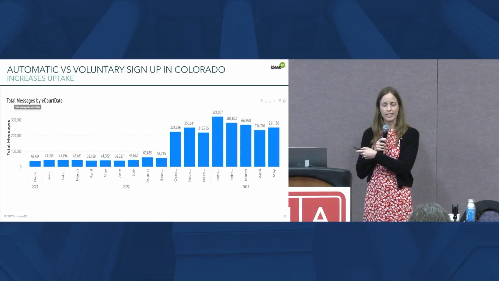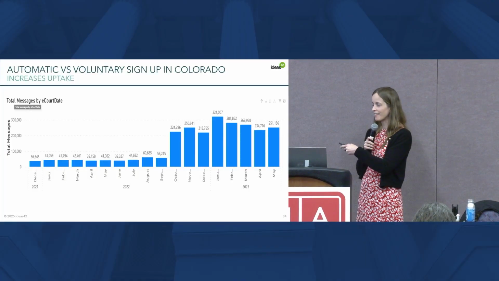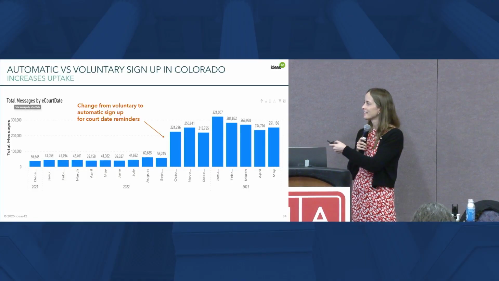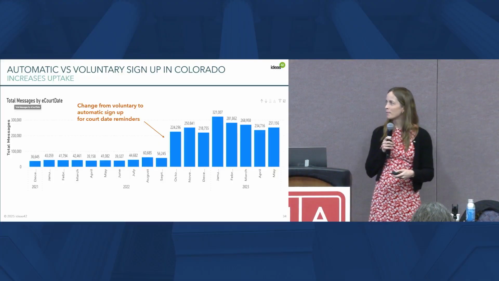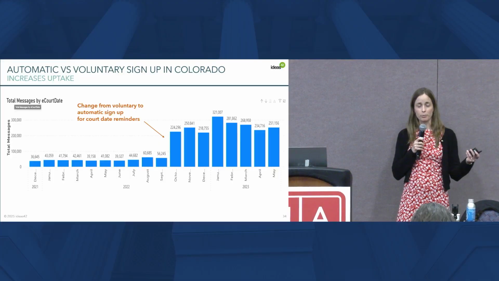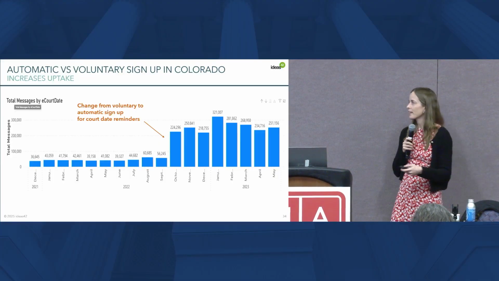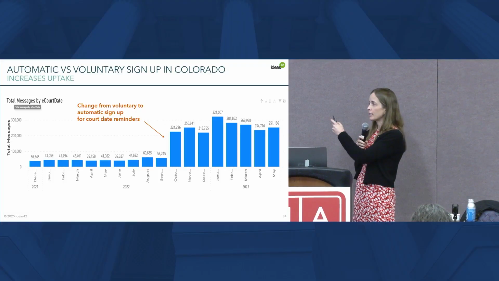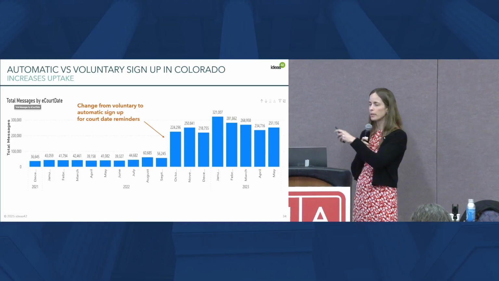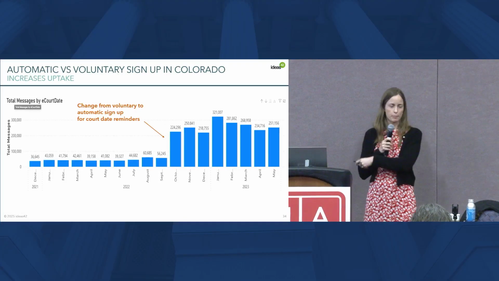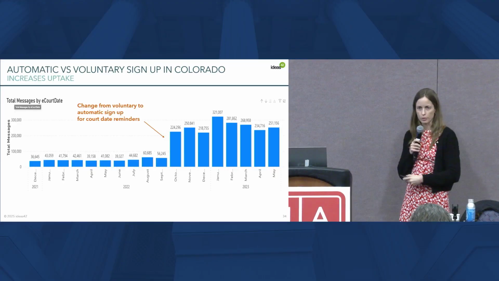And you can probably guess right about when they did that. So right here, there's a big jump. Participation quadrupled basically overnight. And you can see after that point, the numbers actually go up a little bit. You're not seeing a bunch of people unsubscribing and numbers going back down.